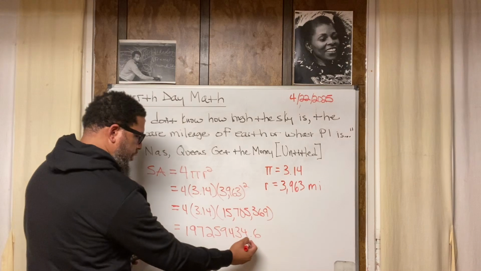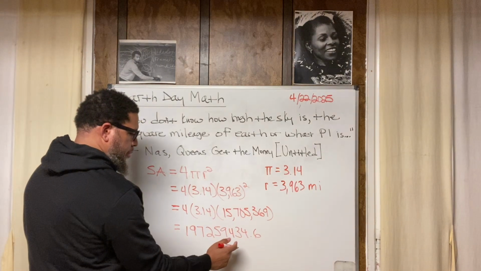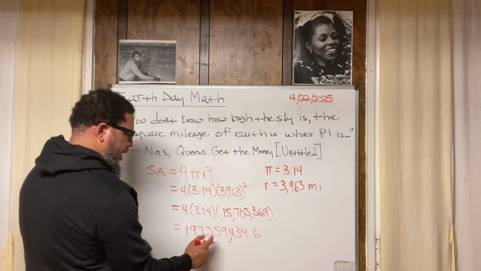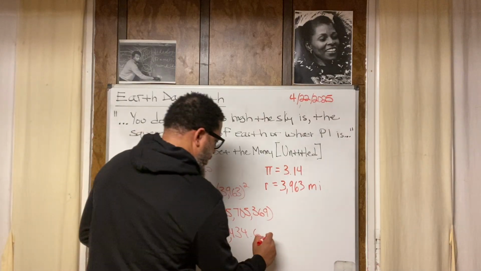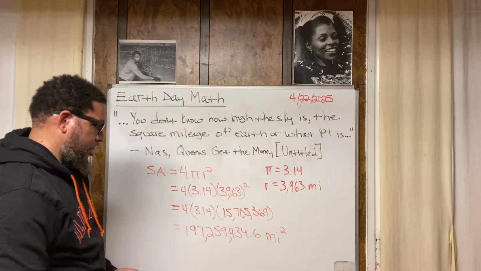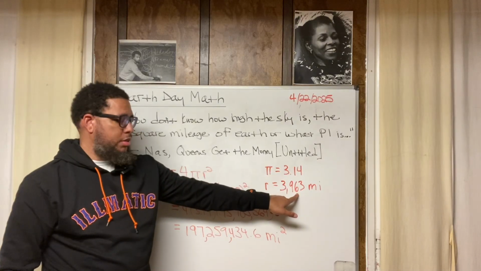And I'm going back every 3: this is the tenths place, ones place, tens place, hundreds, ones, tens, hundreds, right? Put a comma. 1,000, 10,000, 100,000, comma. All right. Miles squared, square miles. That's the square mileage of Earth, according to this radius.